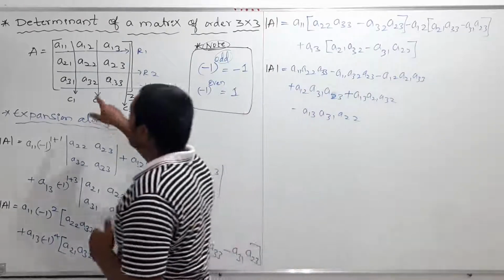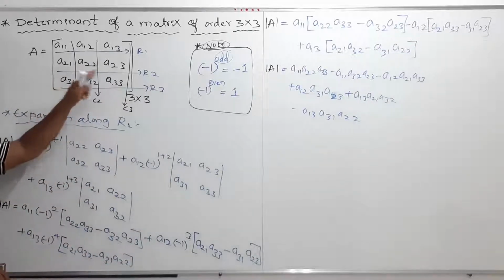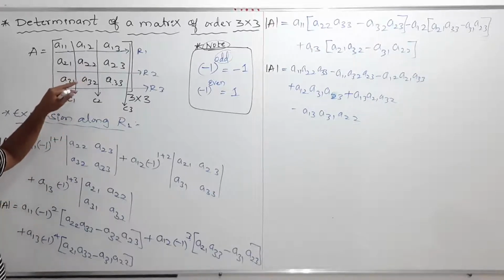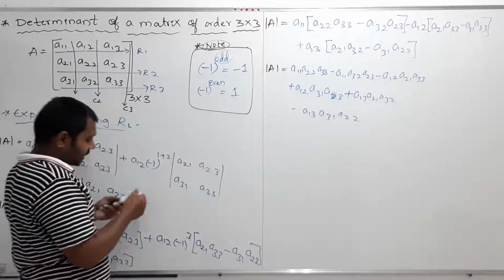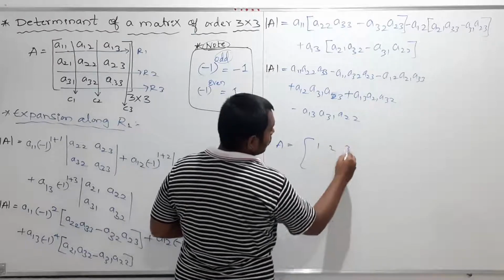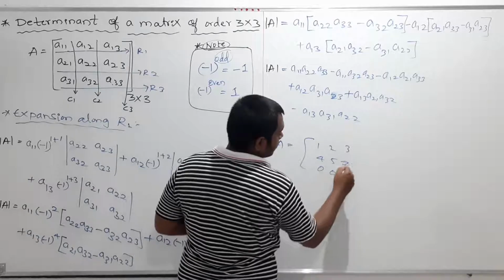Whenever in the given matrix, in any row or any column, the number of zeros is 2 or more, column-wise or row-wise you should calculate along that one. Clear? For example, if they give you a matrix like this: 1 2 3, 4 5 0, 0 0 1 7.